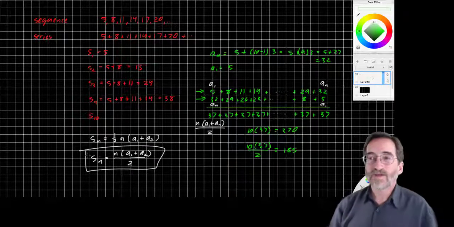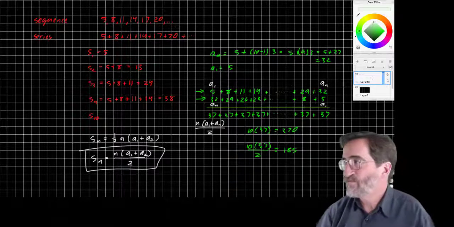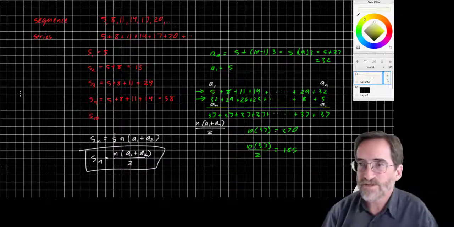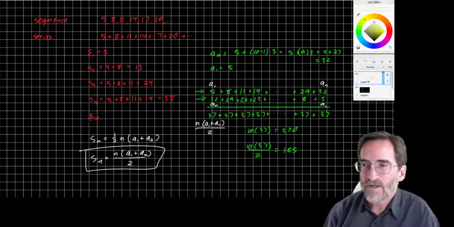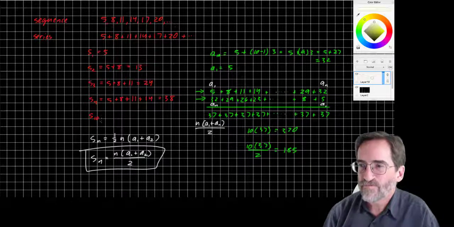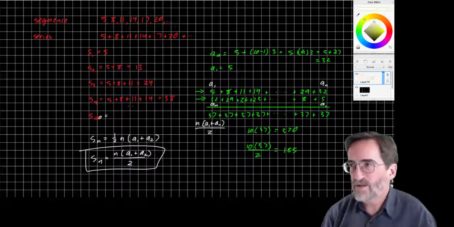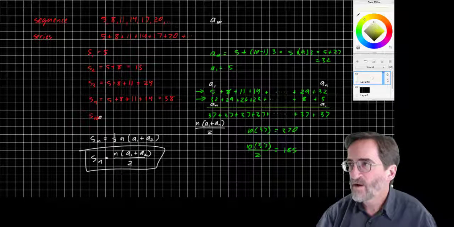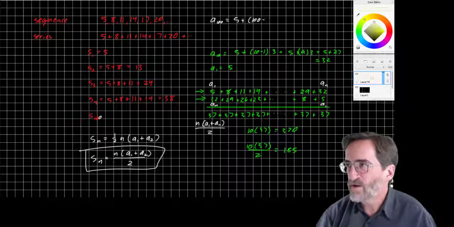So now we can answer our question about the 100th sum. The 100th sum is simply this. We need to find the 100th term. So a sub 100 is the first term plus 100 minus 1 times 3, which is 99 times 3.